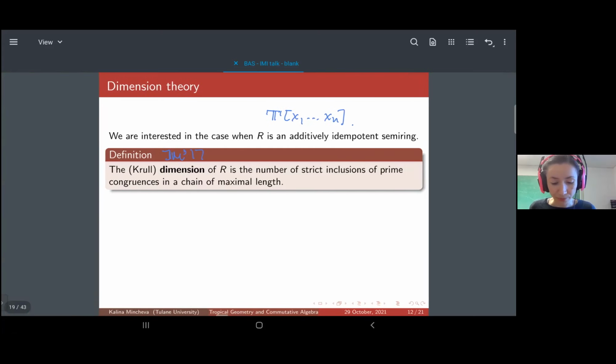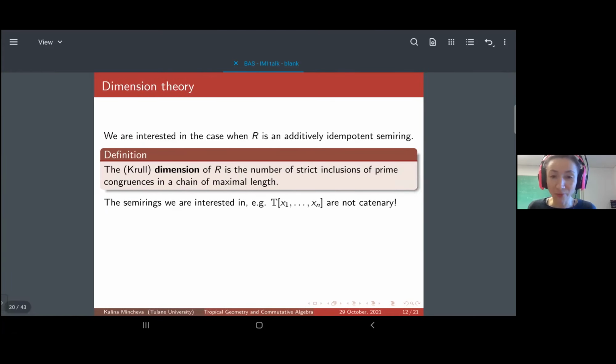One interesting thing to point out: while polynomial rings behave better, polynomial semirings don't, and they are, for example, not catenary. So not every maximal chain will have the same length.